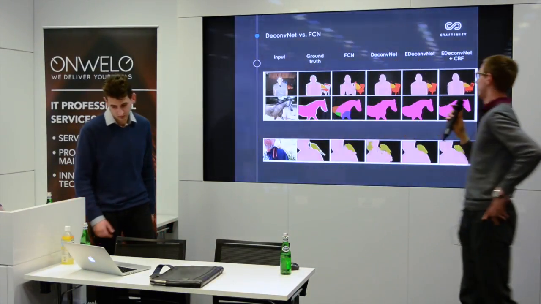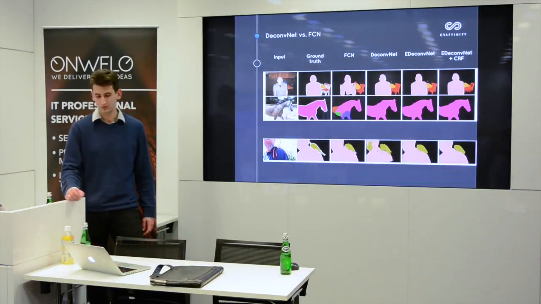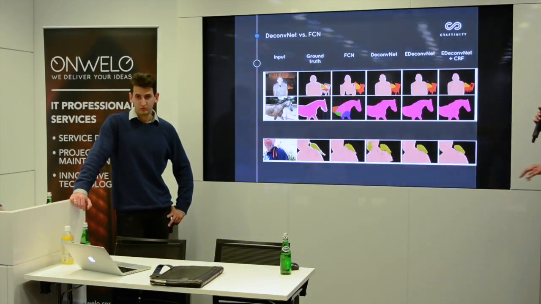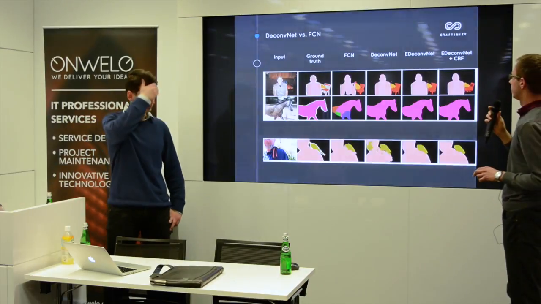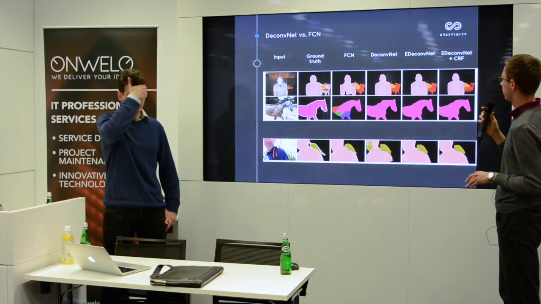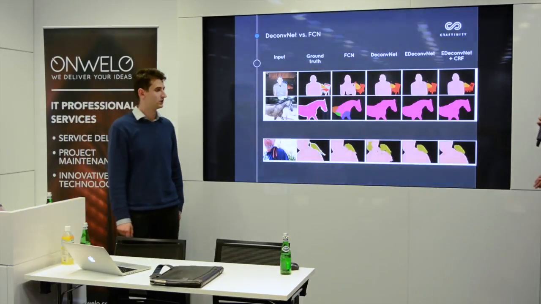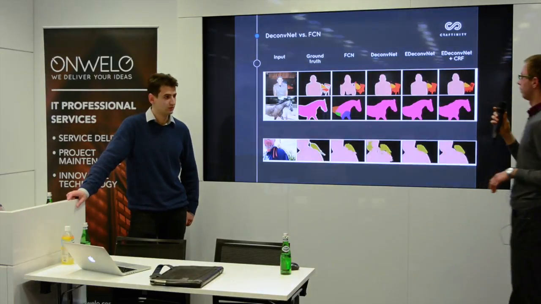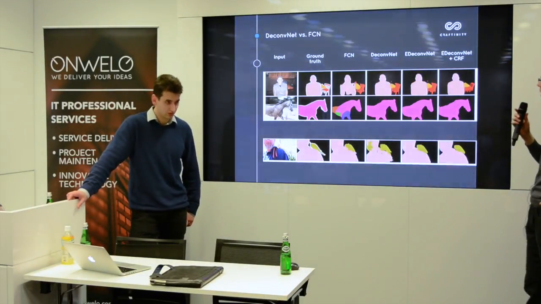Okay, so here are some results of comparison of DeConvNet. So this is this upside down VGG with VGG, and fully convolutional net with just one layer of upsampling. The first two rows show examples where DeConvNet is quite a bit better than fully convolutional. The first column is input, the second is ground truth, so annotation by a human. The third is the fully convolutional net.